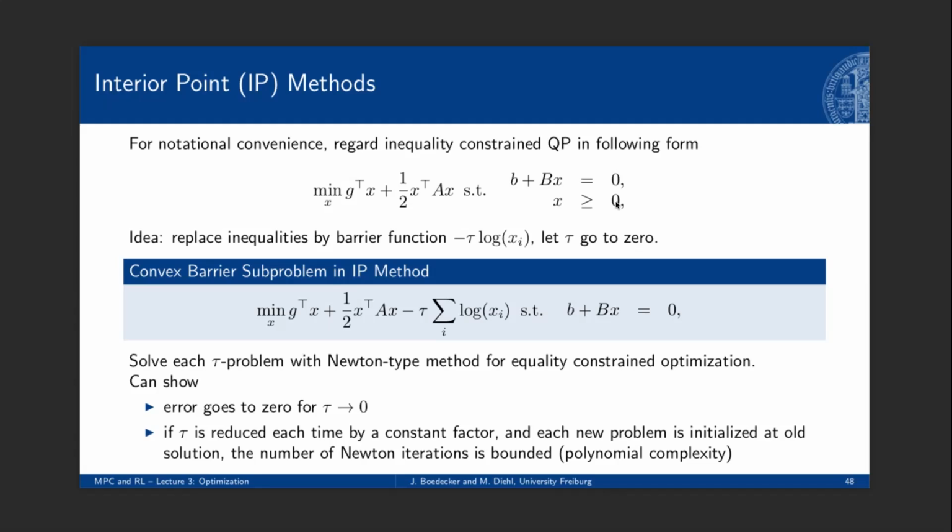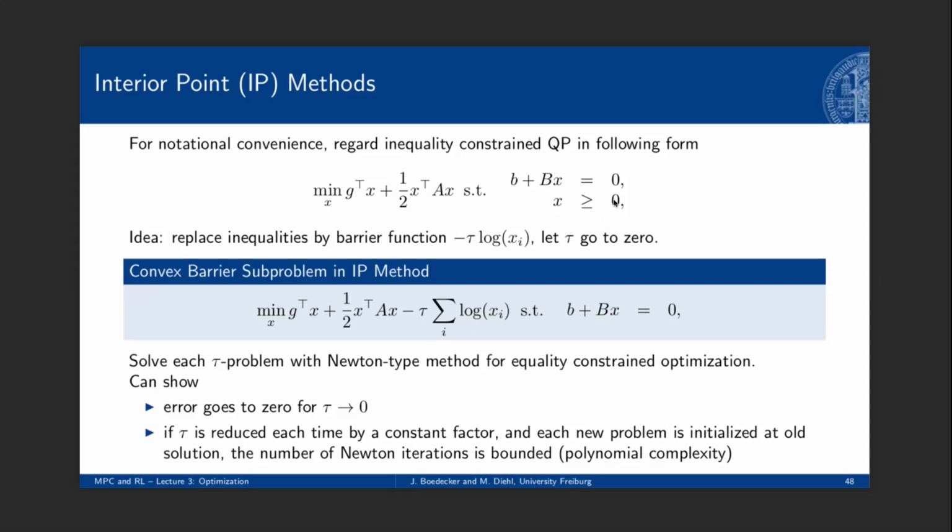And then the idea is these inequalities, that x should be positive, you can replace by a so-called barrier function that says if the x is coming close to 0, it gets incredibly high cost by penalizing it. And we take this minus tau times the logarithm of x. So the logarithm of x gets minus infinity if x comes close to 0, right? And then with a minus sign, it gets plus infinity. So this is a barrier that will not allow you to ever touch the constraint 0, right? So you will be pushed away into the interior.